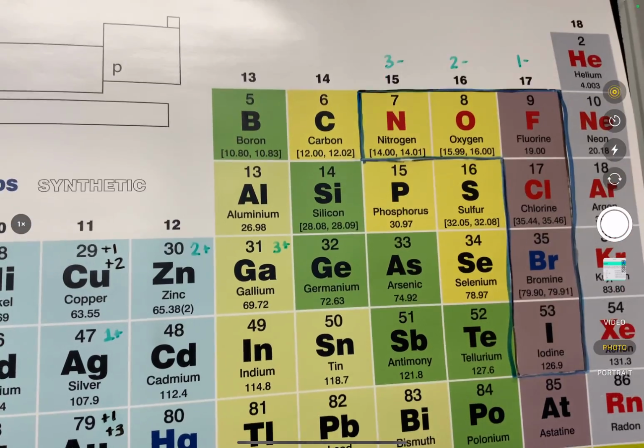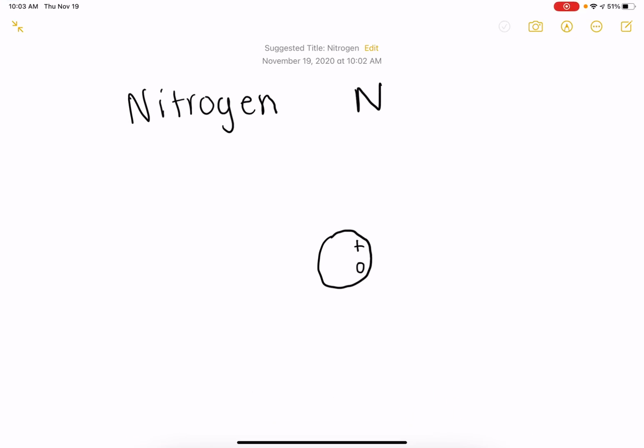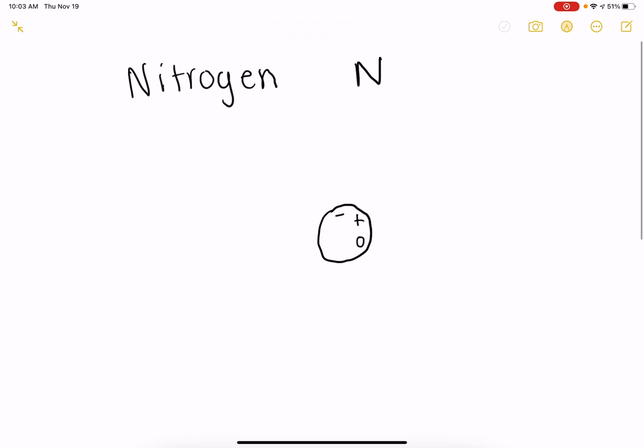So if we look at the periodic table, nitrogen there is number 7. So that means that it has 7 protons. It's always going to have the number that it is in the periodic table. For neutrons, we have to do a calculation for this, if you remember.